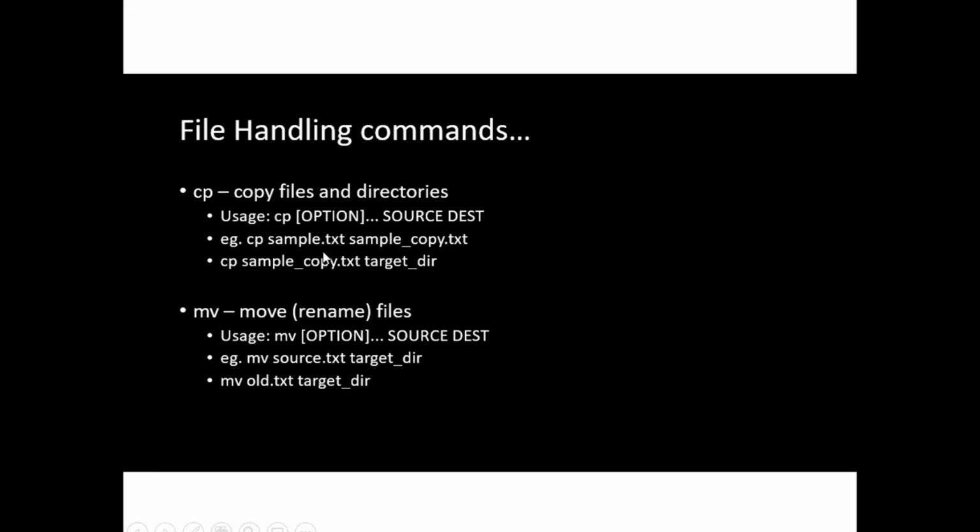If you want to put one file into a folder, you can use cp space file name space the target directory where you want to put that particular file. This can be a folder name, or this can be a complete path. That is copy, and then mv is for move. If we want to move a file from one location to another, we use mv.